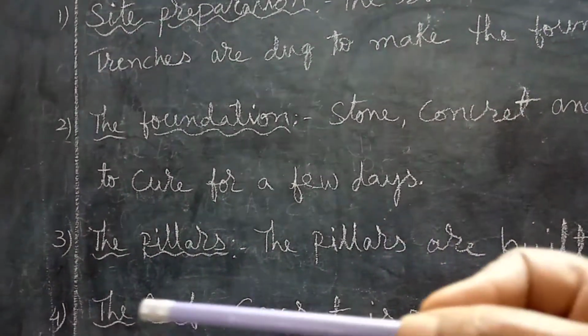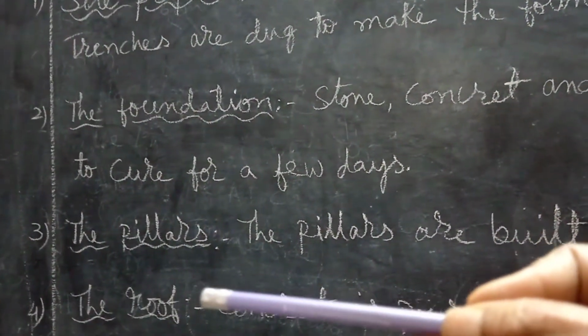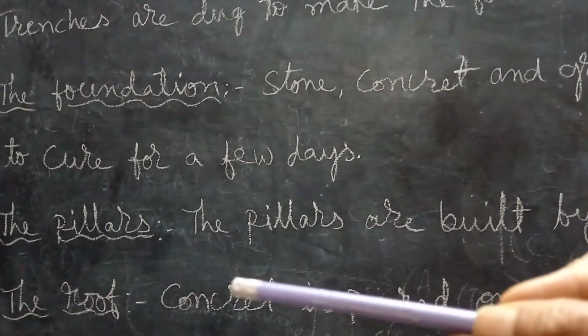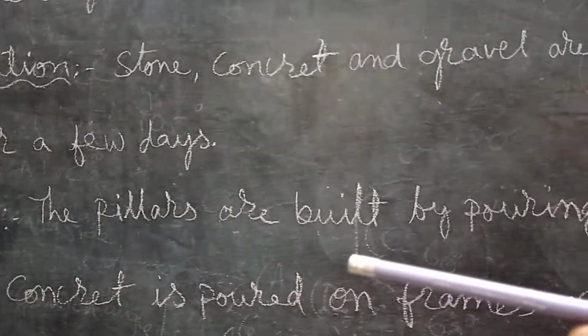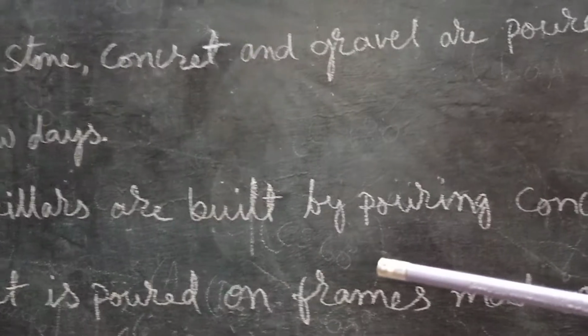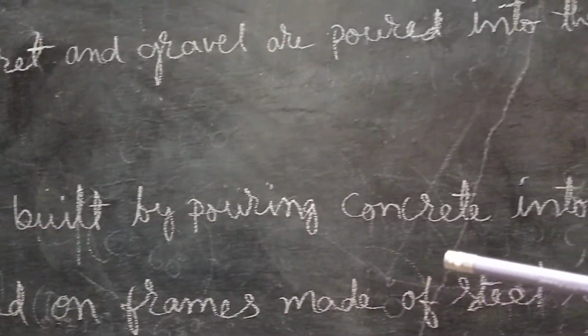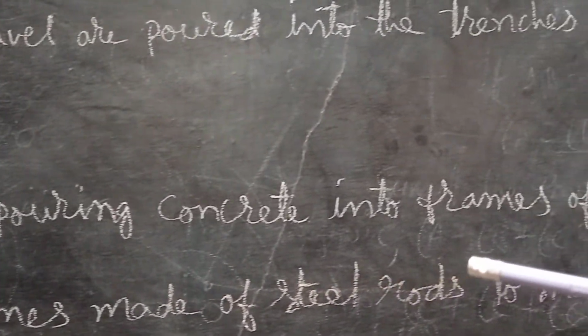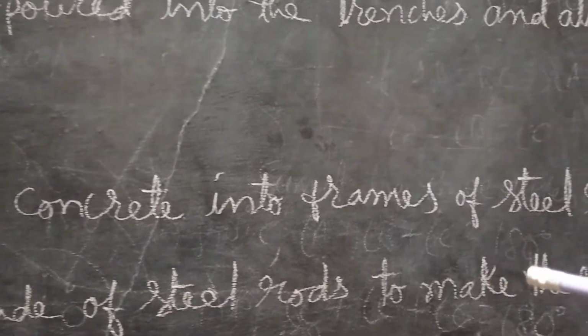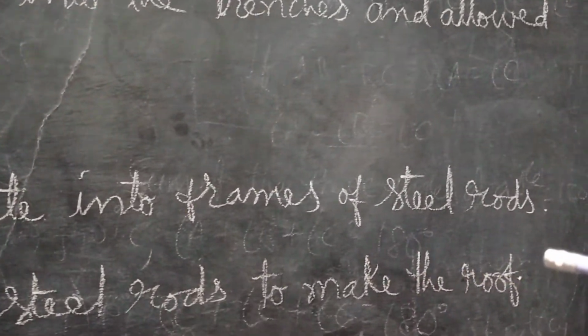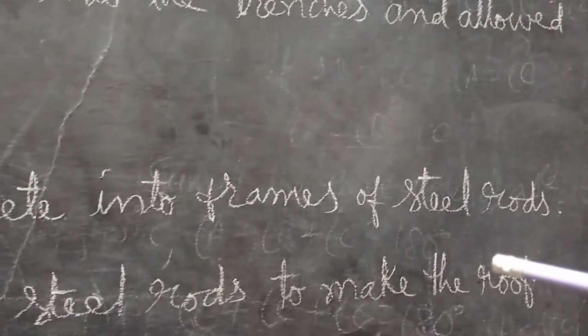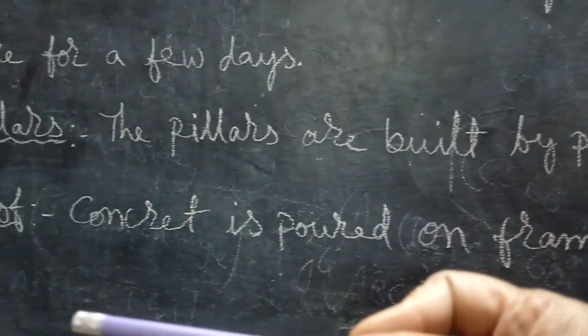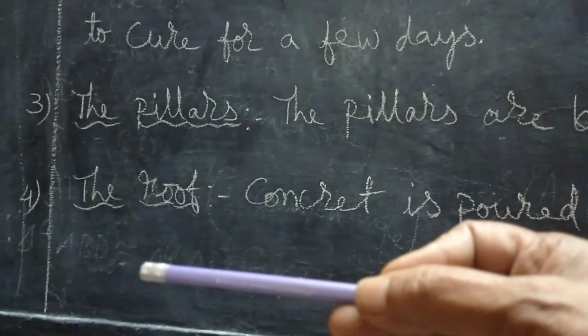After that, third stage, pillars. The pillars are built by pouring concrete into frames of steel rods. Then fourth stage, the roof.